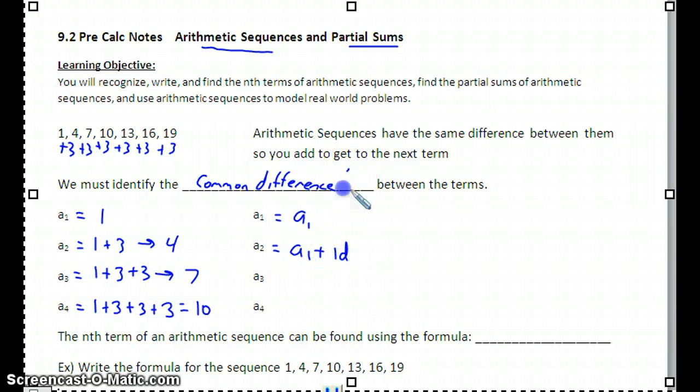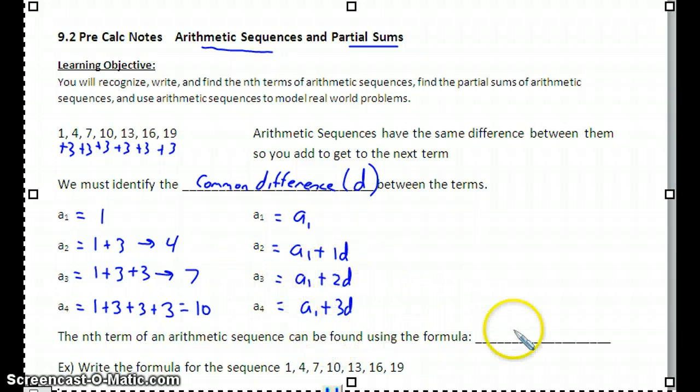D is going to be the letter that we will use to stand for common difference. Then, to get to our third term, we took our first term and we added 2 of these common differences to it. And then, to get to our fourth term, we took our first term and we added 3 common differences to it. So that allows us to come up with this formula here.